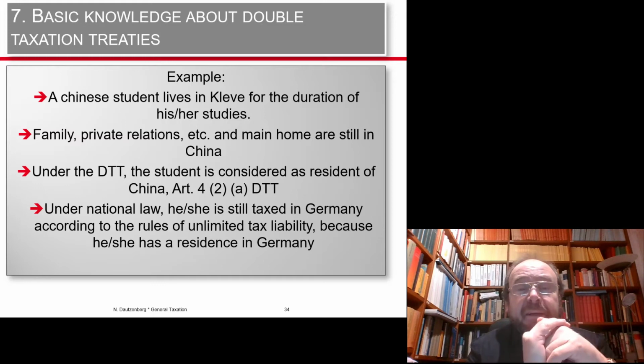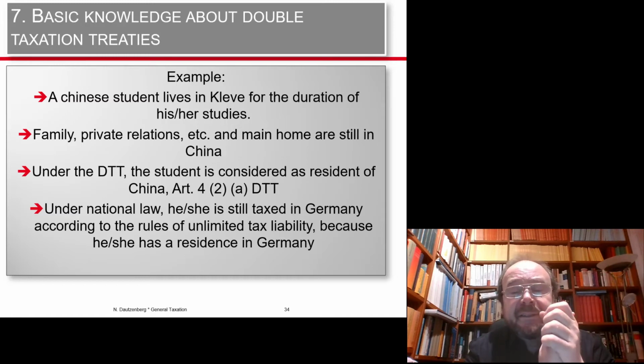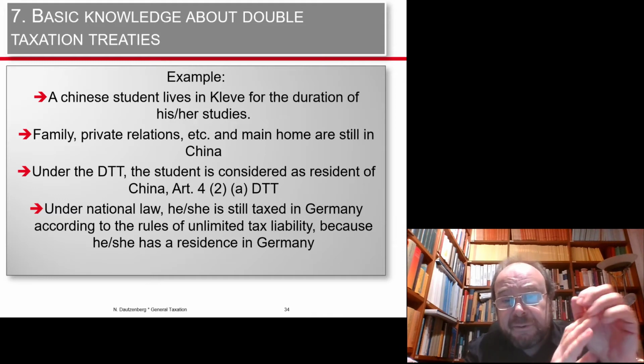So for the application of the treaty rules, that taxpayer would be Chinese.